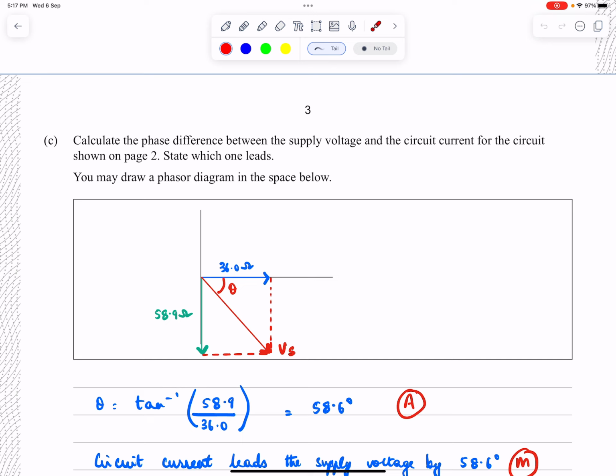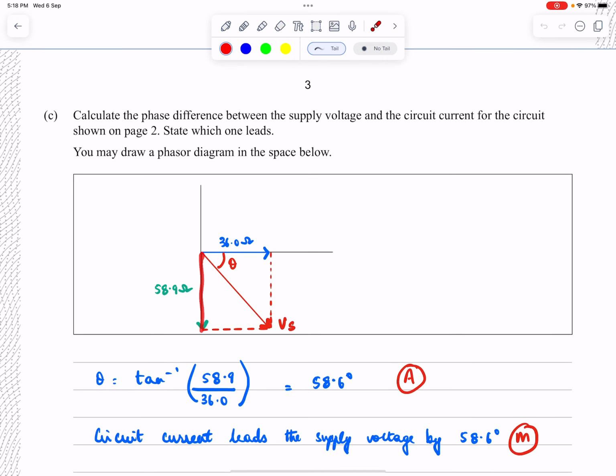The phasor diagram for resistors and impedance is exactly equal to the phasor diagram for the voltages. So that is the resistance. Here's your reactance of the capacitor. And if you complete the rectangle, this is your impedance, and that is the angle that you want to calculate.